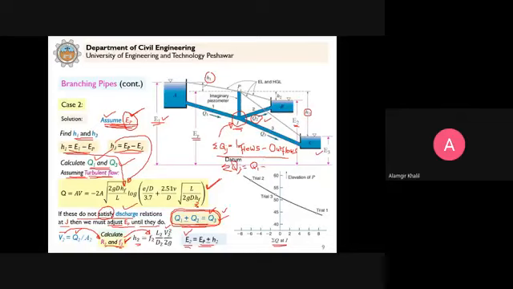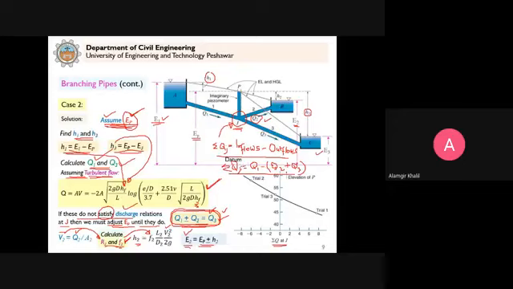Then we have minus. What are the outflows? The outflows are q2 and q3. So this will be equal to q2 plus q3. This is summation of qj.